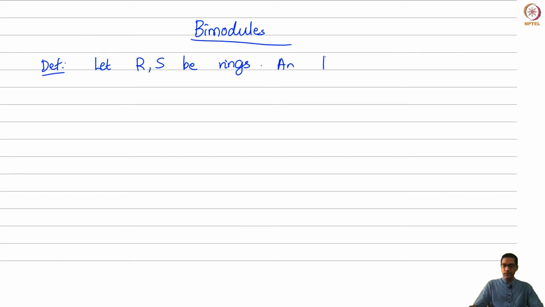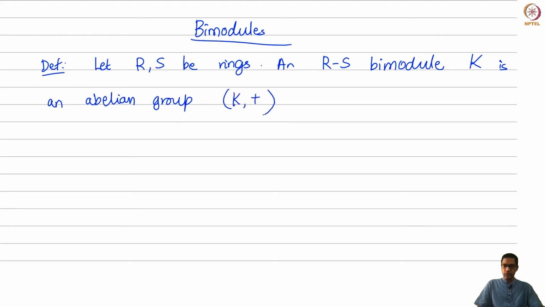An RS bimodule K is an abelian group, with the operation denoted plus, and it has the following structures.